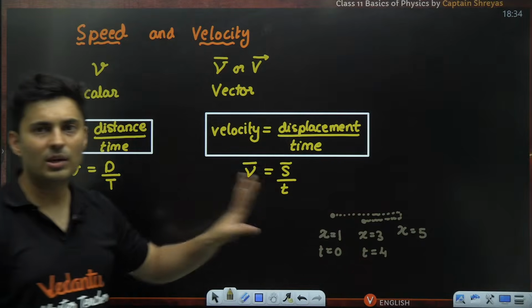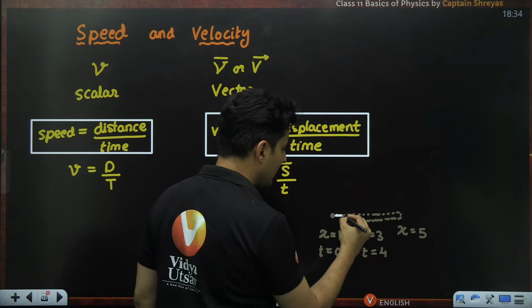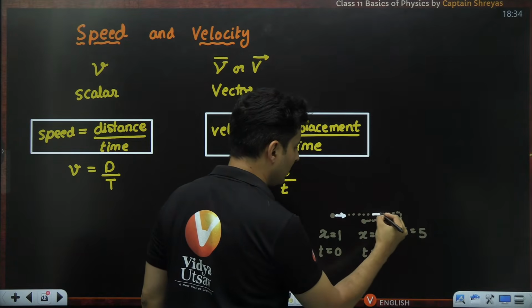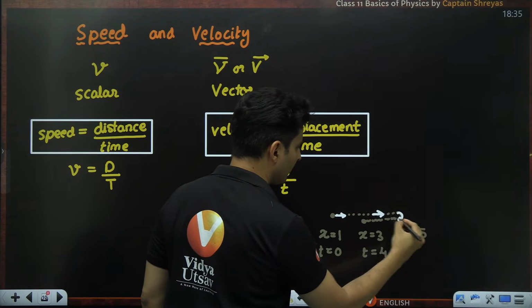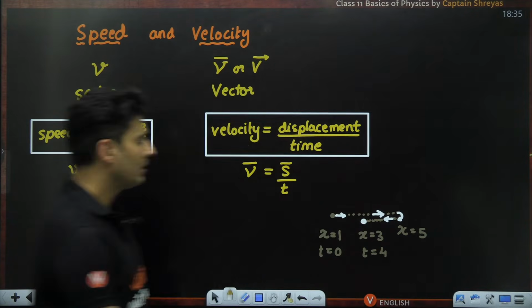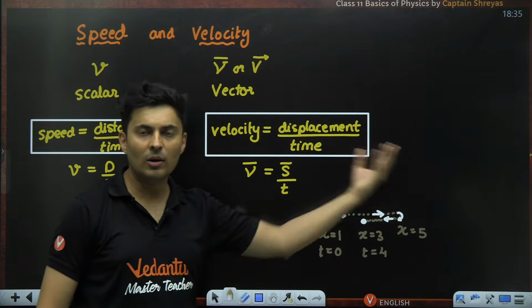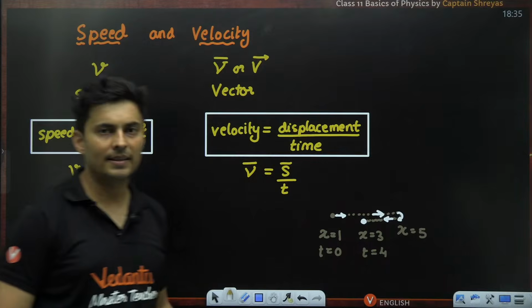So these are the values given to you. Essentially the particle started from here, went like this, took a U-turn and then came over here until it stopped finally. So 1, 5, 3. That is how the particle has moved along the x direction.